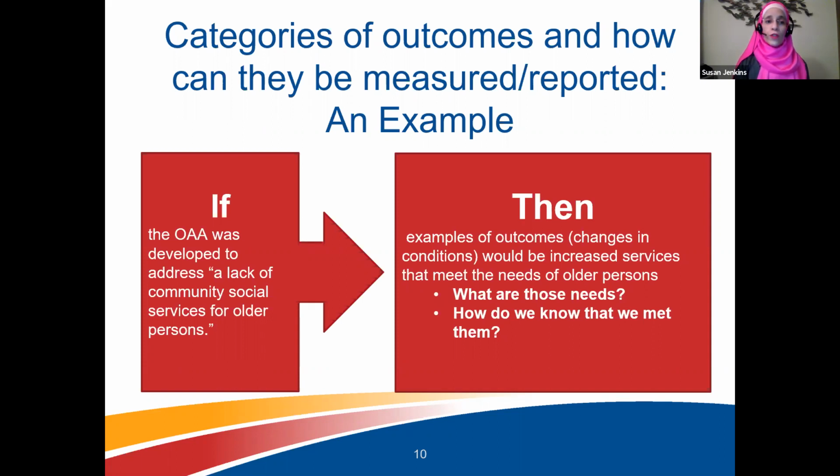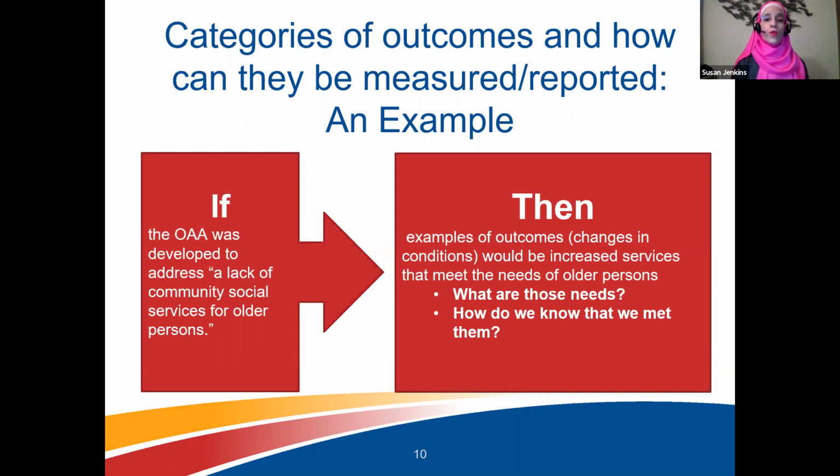So if the Older Americans Act was developed to address a lack of community social services for older persons, which it was, then examples of outcomes, which are changes in condition, would be increased services that meet the needs of older persons. So we would need to measure what those needs are, and that can come through our needs assessment or the information that we have that justifies why your state plan is going to focus on the areas that it's going to focus on.